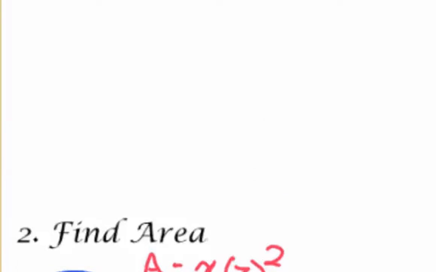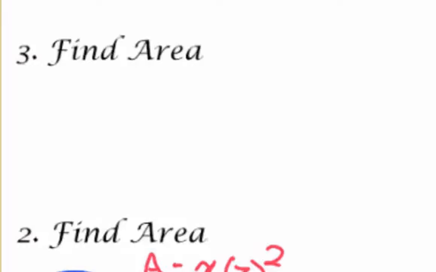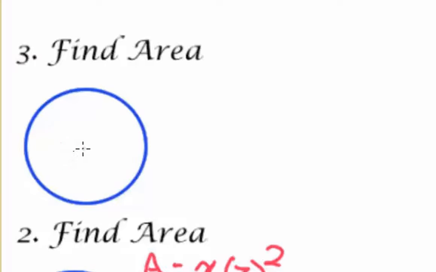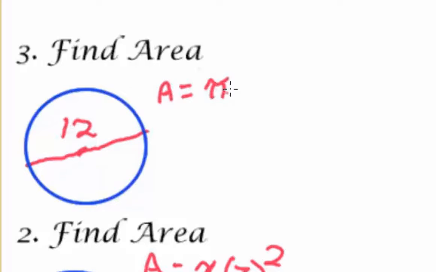Let's do another find area one, where this time instead, I have the diameter of a circle is 12. So again, the formula for area of a circle uses pi r squared, not the diameter. So I'll plug in pi, and I'll take this 12 and go ahead and divide it by 2 to begin with. Because remember that radius is half a diameter.